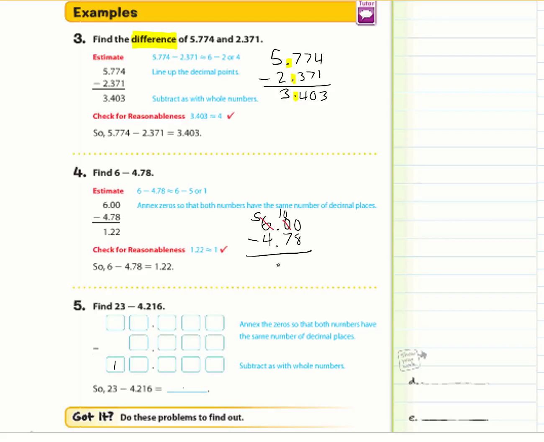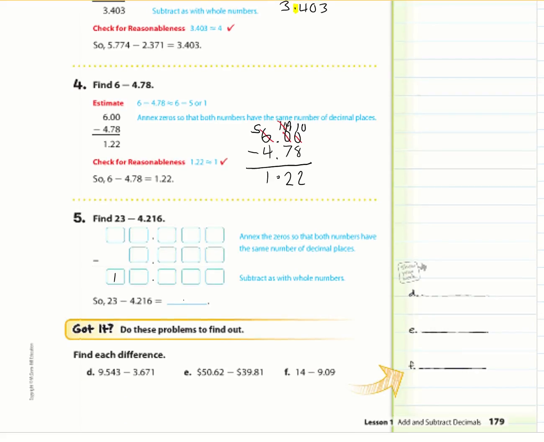Now that that's a 10, we can borrow from that 10, and that 10 is going to become a 9, and our 0 is going to become a 10. So we have 10 minus 8 equals 2, 9 minus 7 equals 2, 5 minus 4 equals 1. So our final answer is going to be 1 and 22 hundredths.